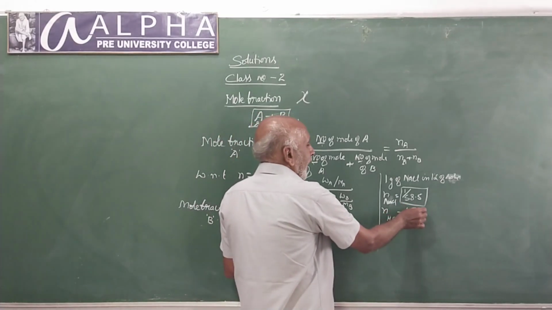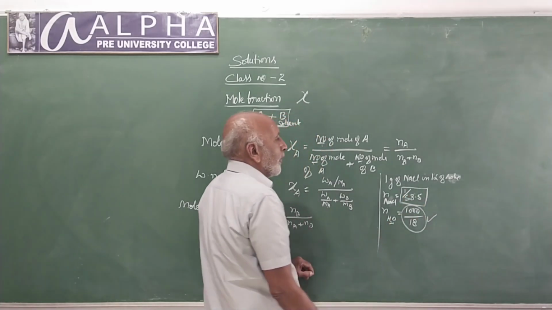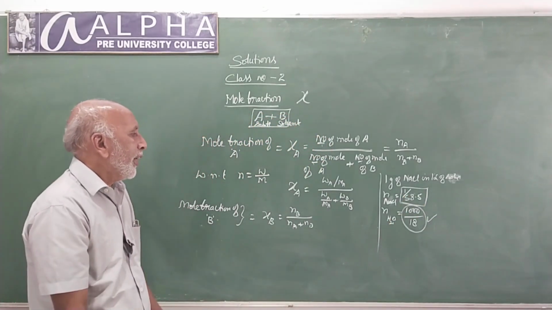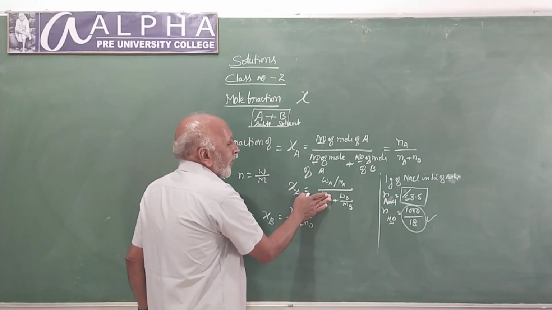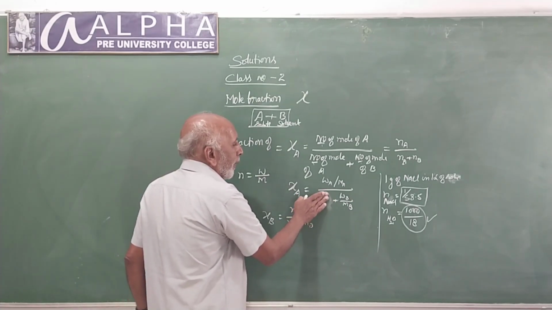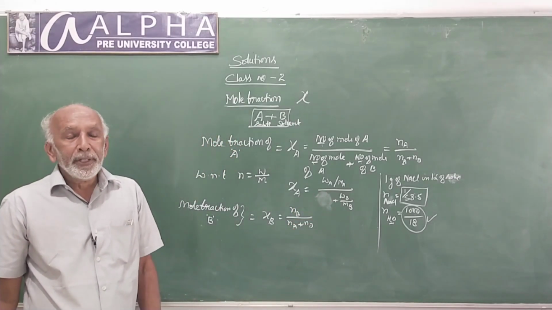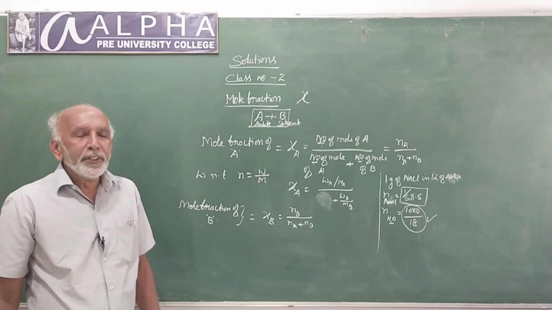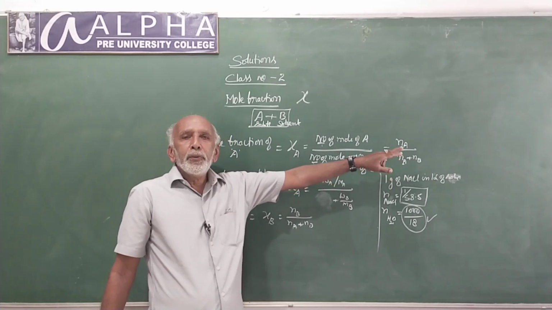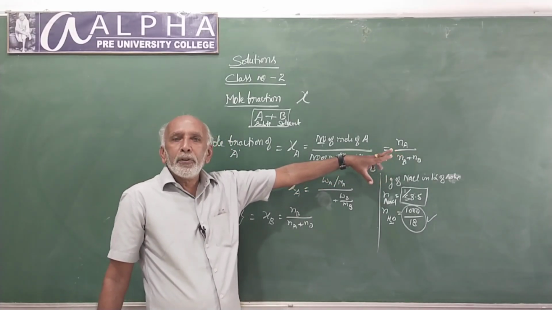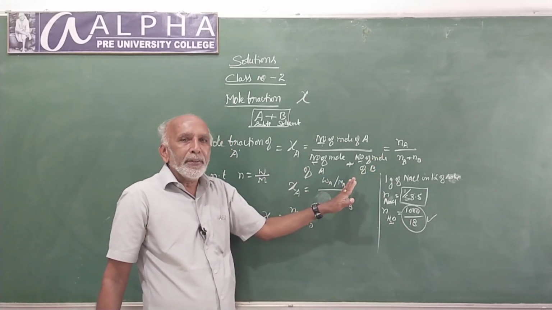This figure is quite larger than this one. So, for dilute solution we can neglect this term, the number of moles of solute in the denominator but not in the numerator. In dilute solution, the number of moles of solute is too small compared to the number of moles of solvent, so this term can be neglected.